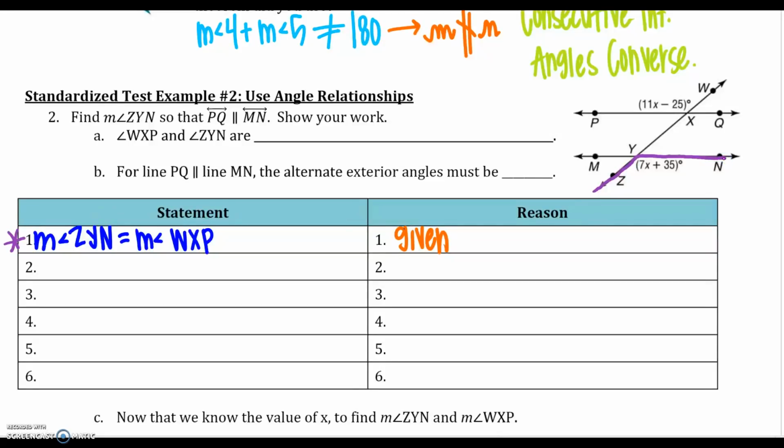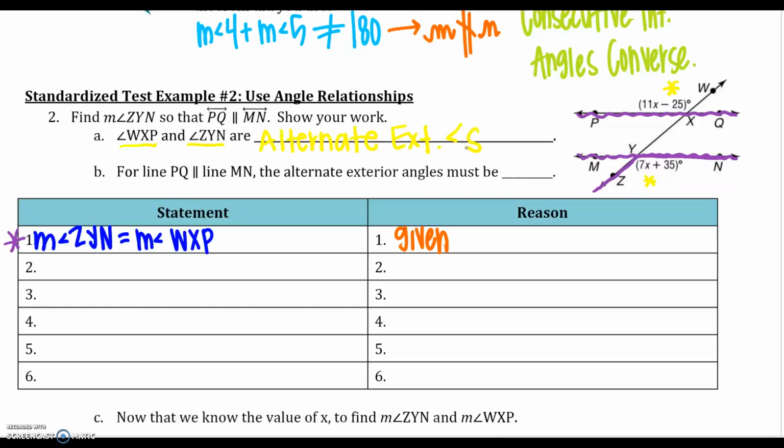We need to find ZYN so that PQ is parallel to MN. With the information I'm given, I know that this angle, WXP, and this angle, ZYN, are alternate exterior angles.